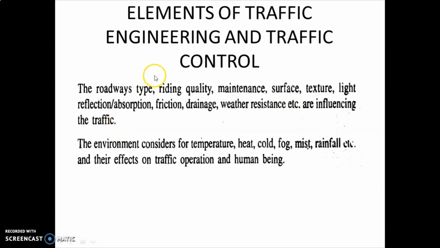So if we talk about the factors affecting the traffic, all these types of factors more or less affect the traffic. You have to remember all these things. The environment considers temperature, heat, cold, fog, mist, rainfall, etc. and their effects on traffic operation and human beings also.